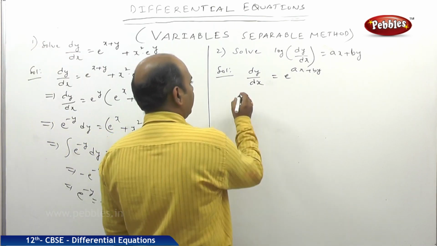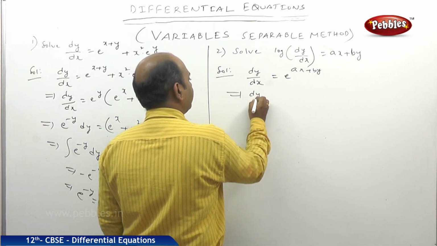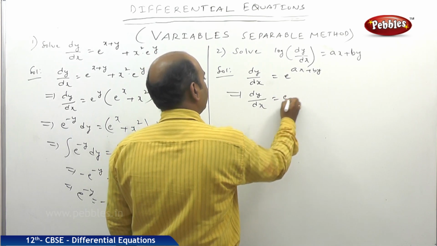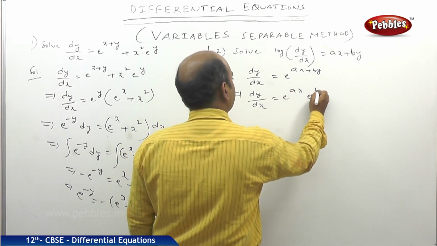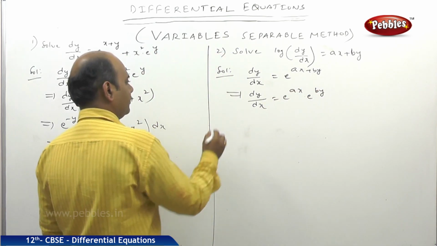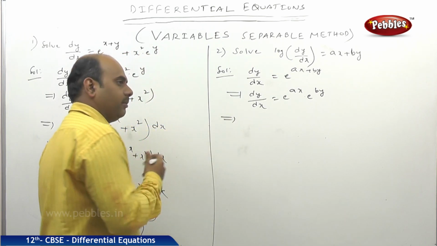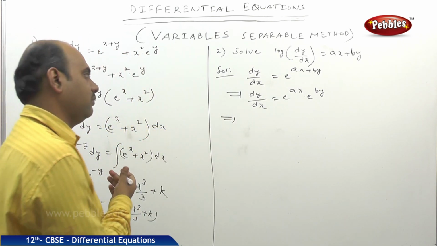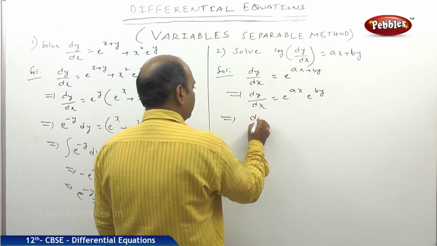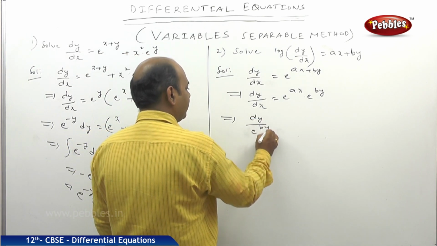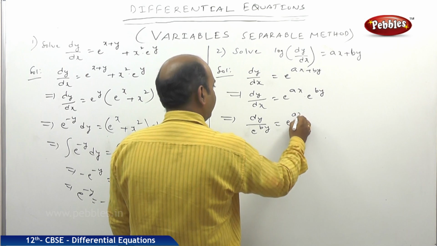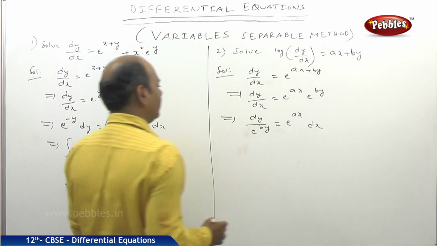So dy by dx is equal to e power ax into e power by. Then I will make all x variables to one side and all y variables to one side. So dy by e power by is equal to e power ax into dx.